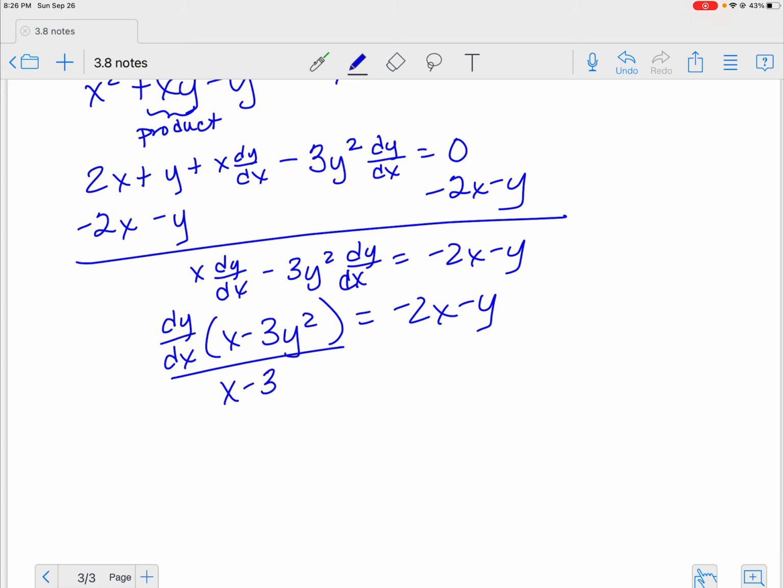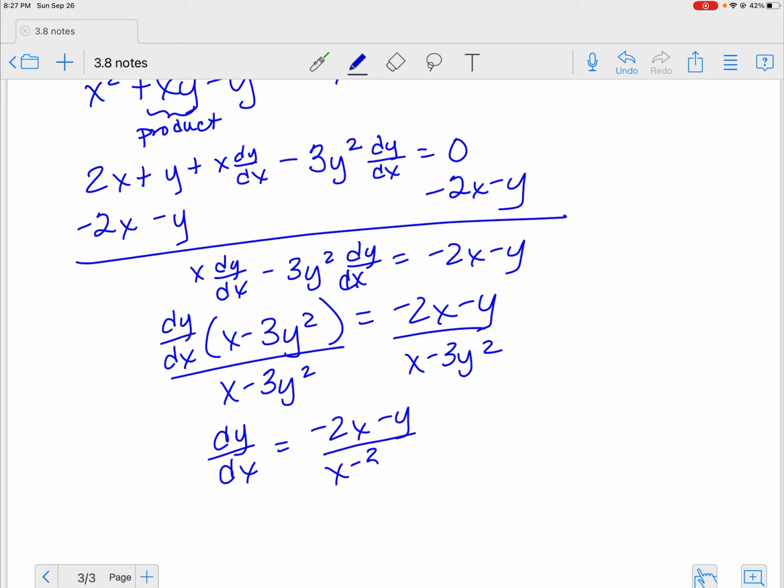Divide both sides by x minus 3y squared, because it's factored and it's multiplied, right? We've done this process already. Then you just know dy dx is equal to negative 2x minus y over x minus 3y squared.